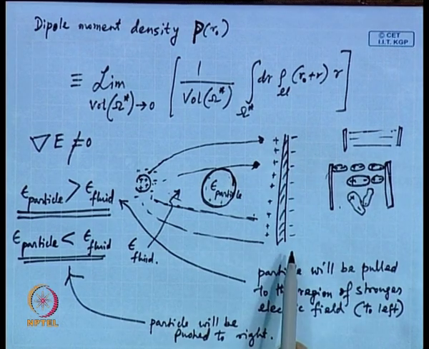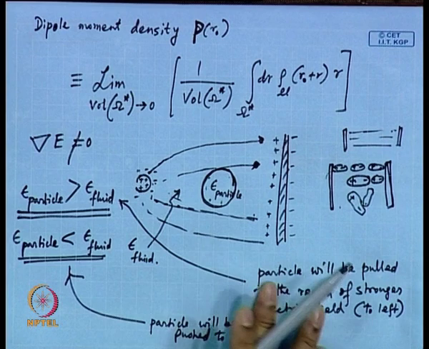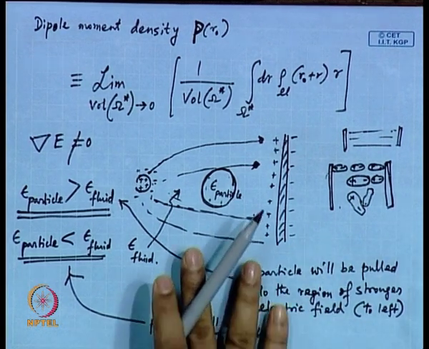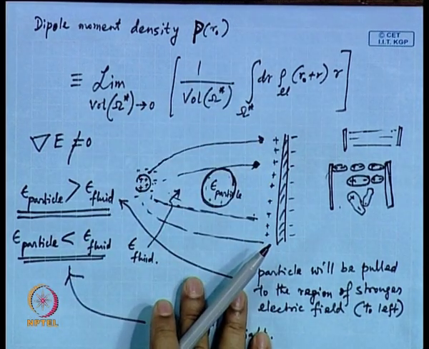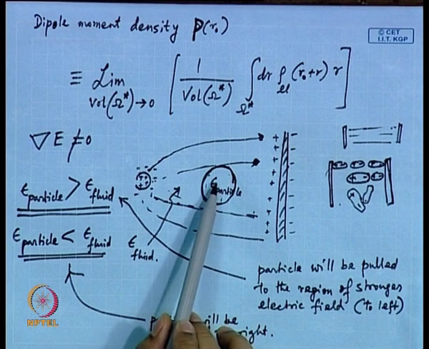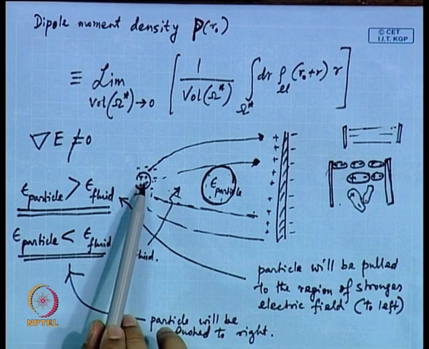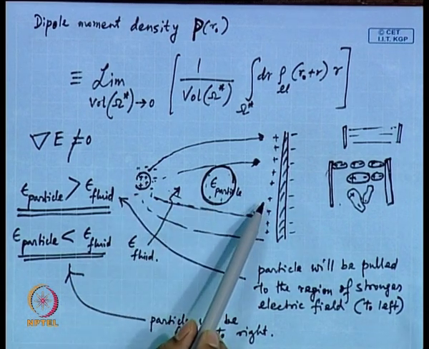One wall has a planar electrode, another wall has a point electrode, and you have different particles flowing through this region. So, depending on the f sub particle, you expect some particles will be pulled towards the point electrode and some particles will be pushed away from the point electrode.